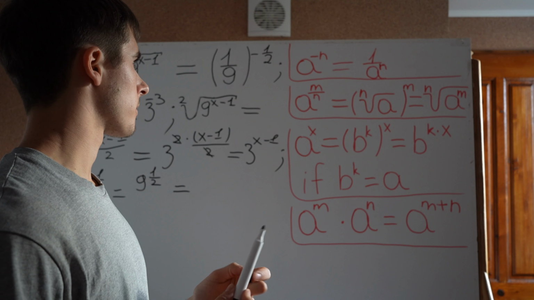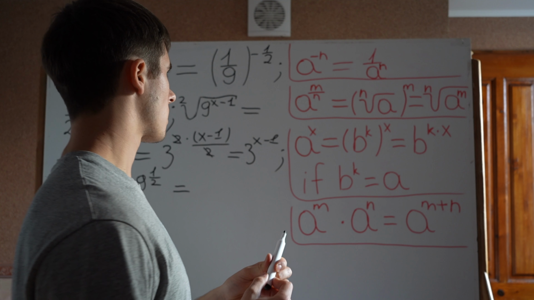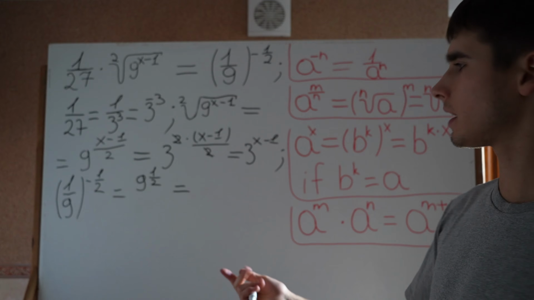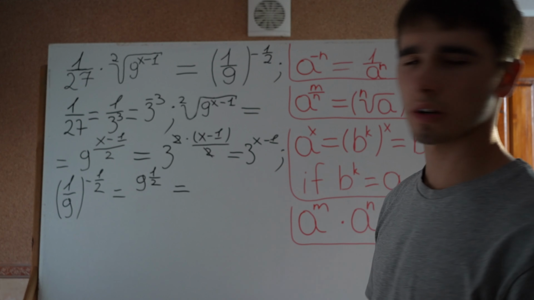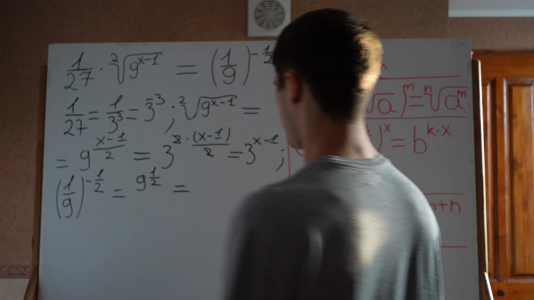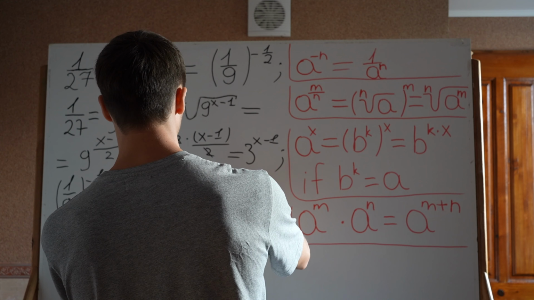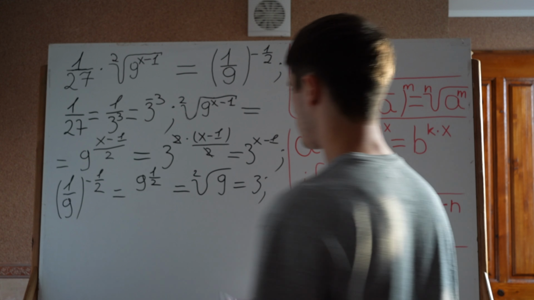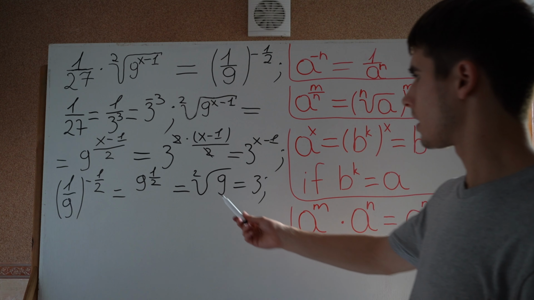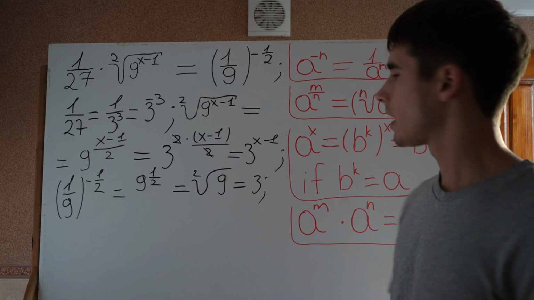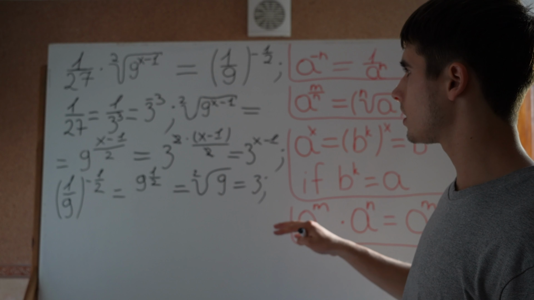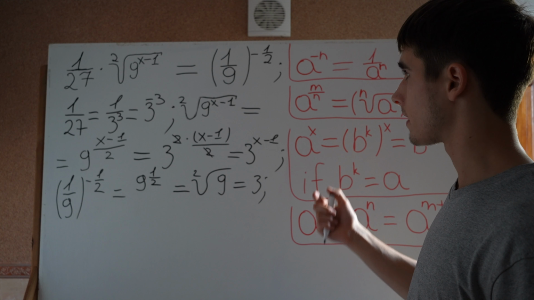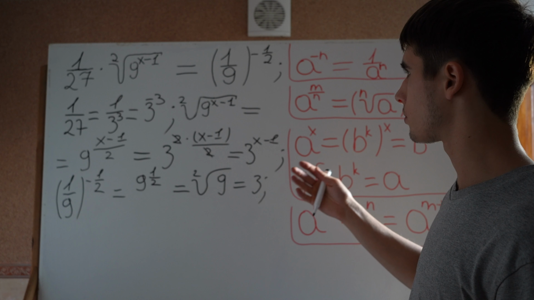So it's going to look like the square root of 9, right? Because 9 raised to the first power is 9 anyway. So the square root of 9 equals 3.